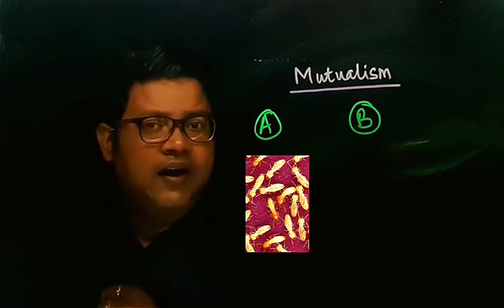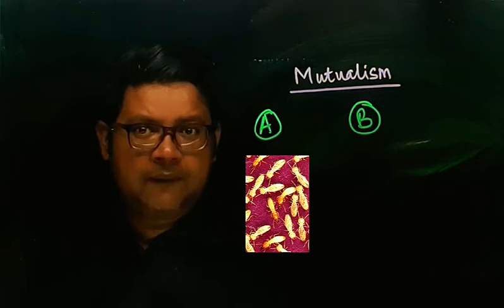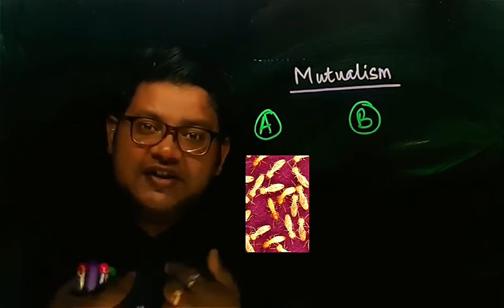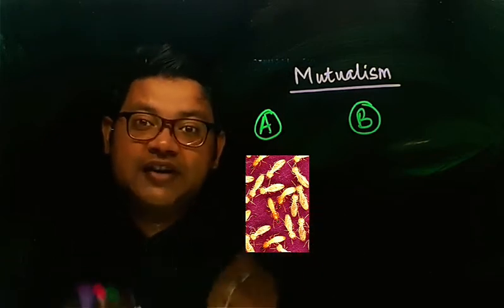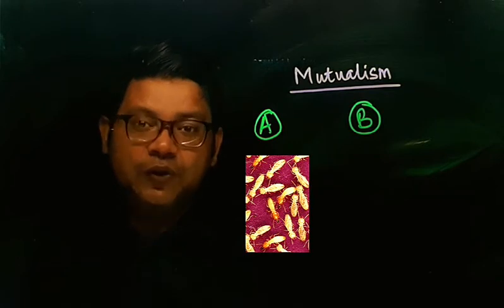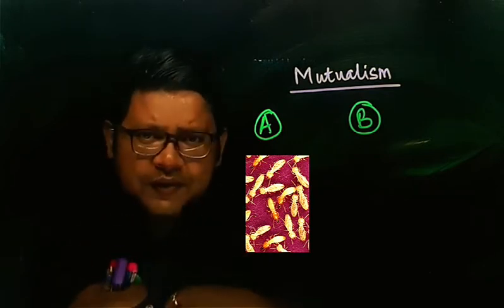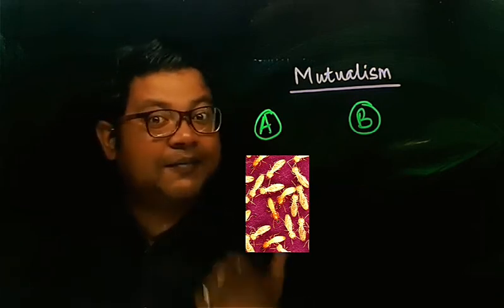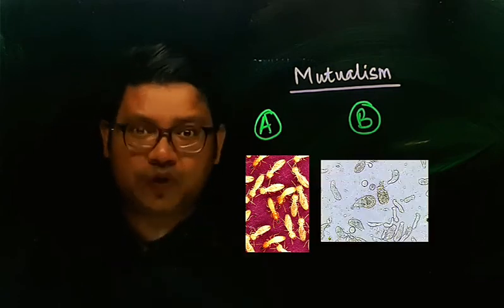Now, these termites can chew up the wood, but they don't have any enzyme to digest the cellulose which is present in the wood. Now, what helps them in doing this? These are some protozoans.